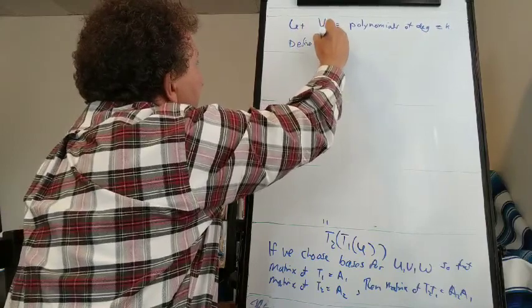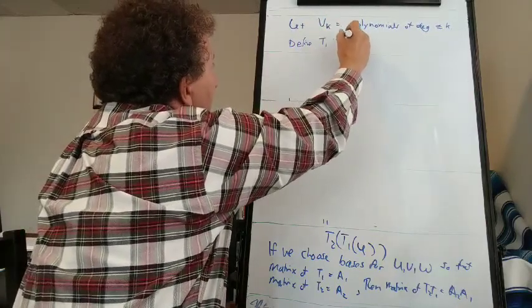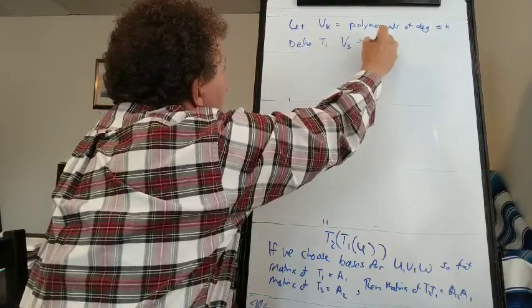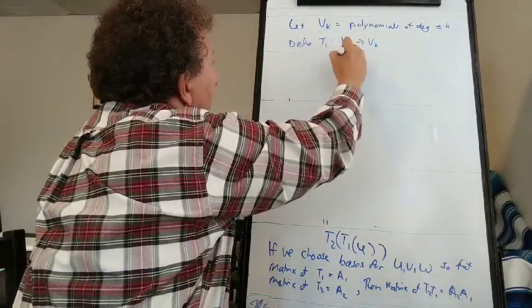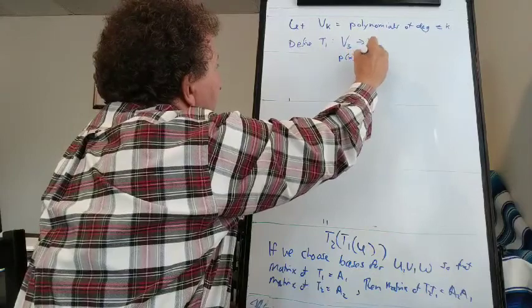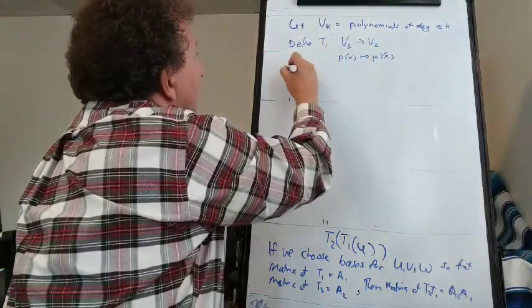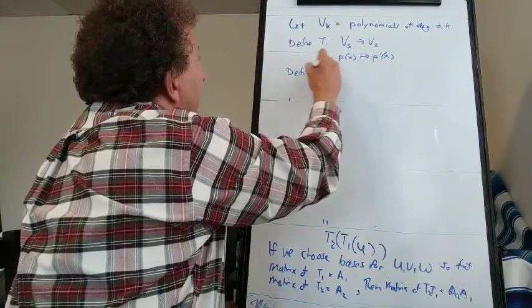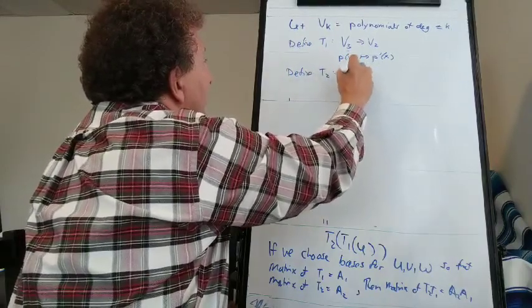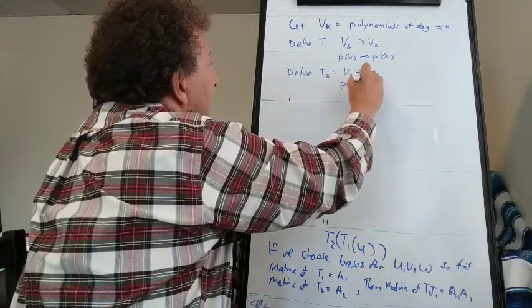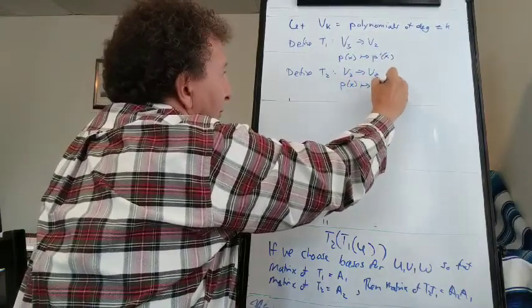And let's define T1 from V3 to V2 by P of x gets mapped to the derivative of P of x. And let's define T2 from V2 to V3 by P of x gets mapped to x times P of x.